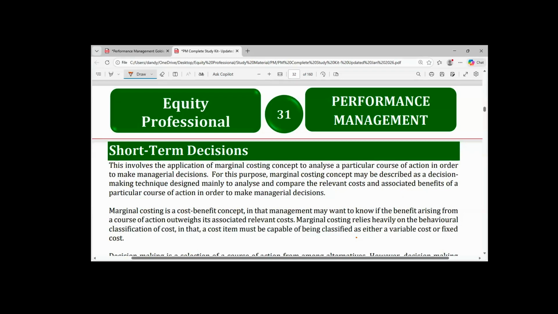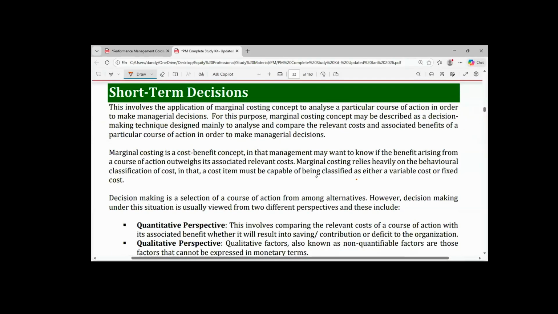However, we can say decision making involves the process of selecting a course of action from among different alternatives. When you have different options, the process of selecting one of the several options available, that is decision making.